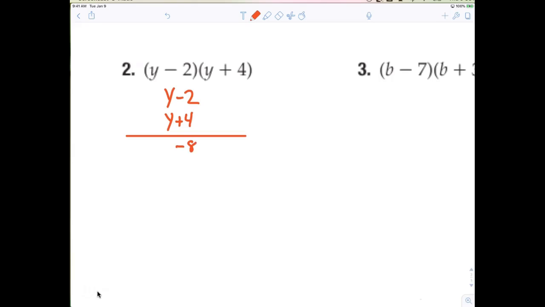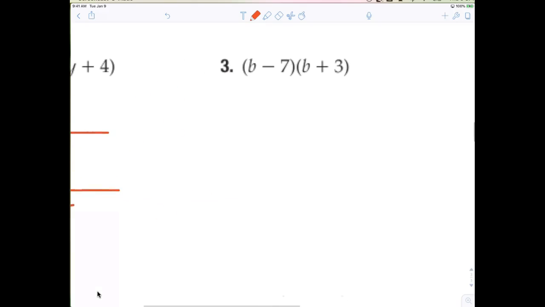Then 4 times y is positive 4y. Then y times negative 2 is negative 2y. Usually the mistakes people make are just with the signs. And then y times y is y squared. And so your final answer is? Look how simple that is, guys. It's very, very easy. You just have to know the rules.